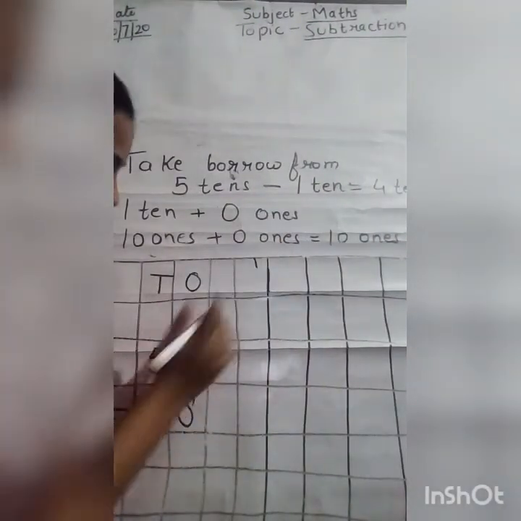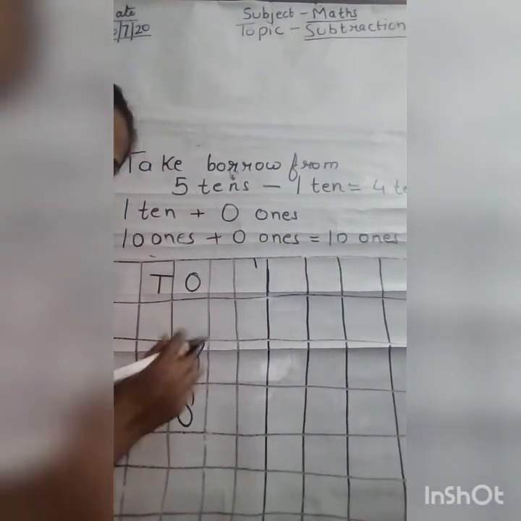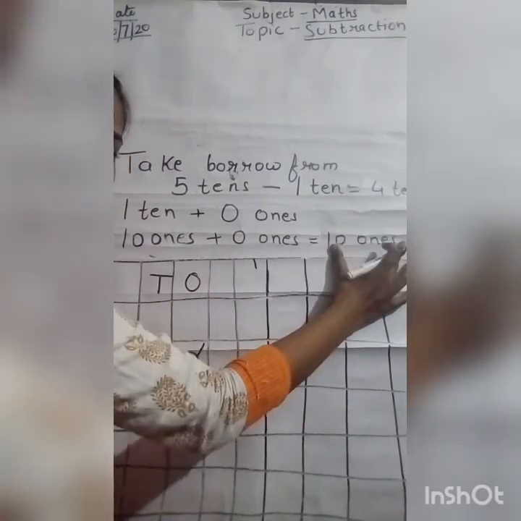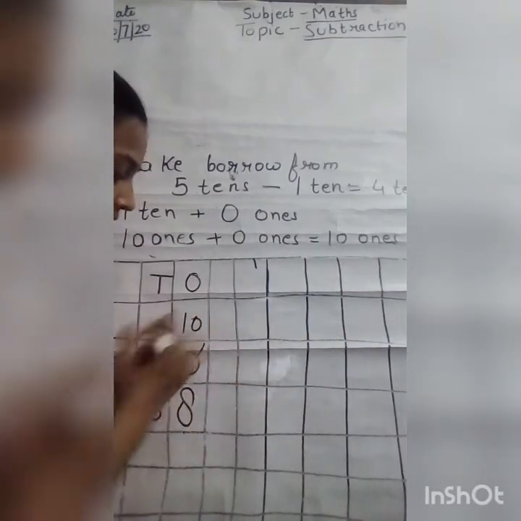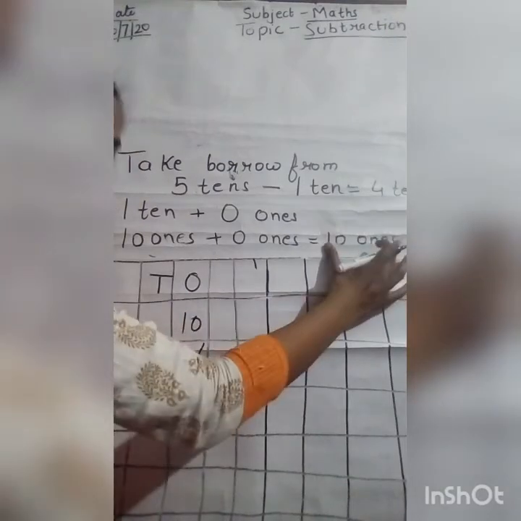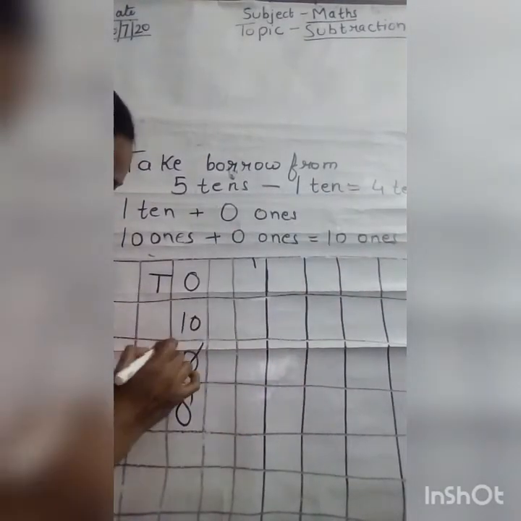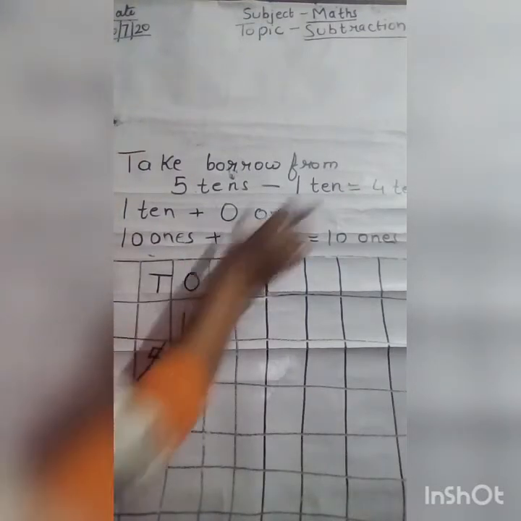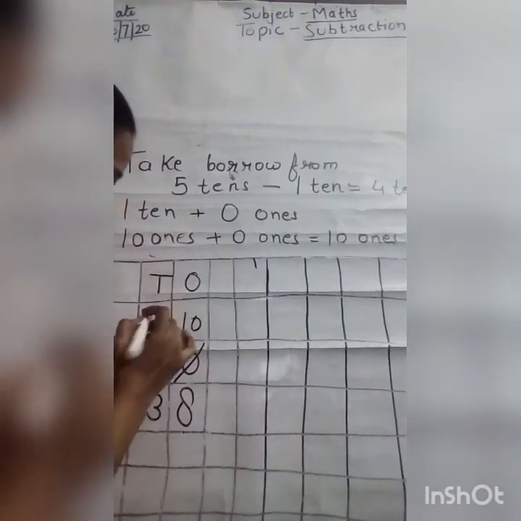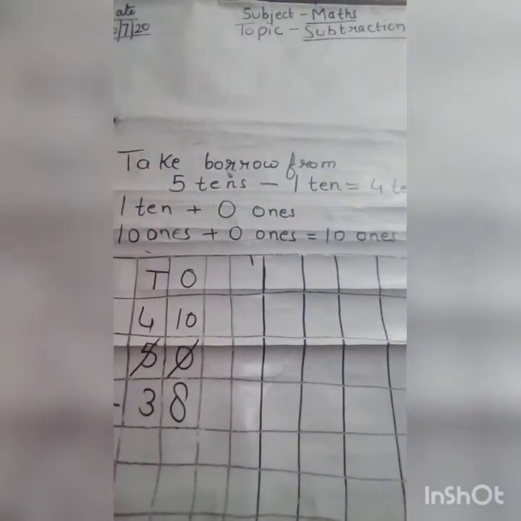Put a slash, crossing out the 5. We get 10 ones, not 10 tens. And if we cancel 5, we get 4. So now 10 minus 8.